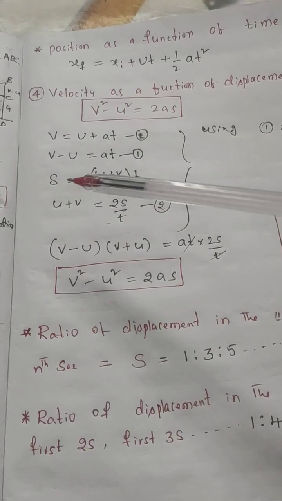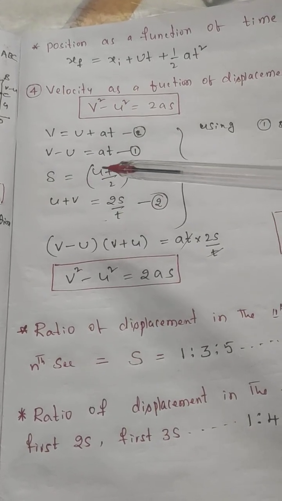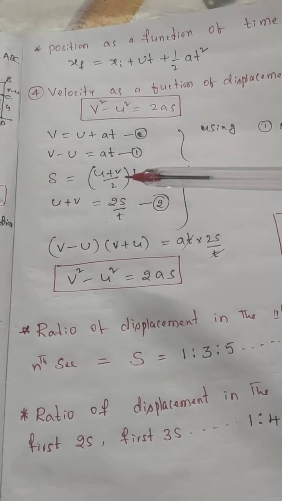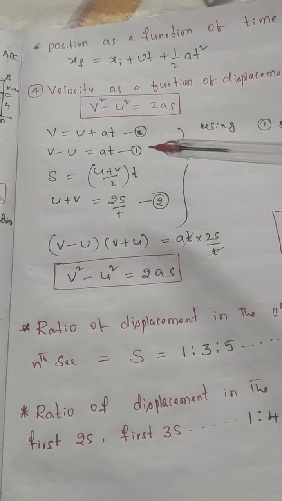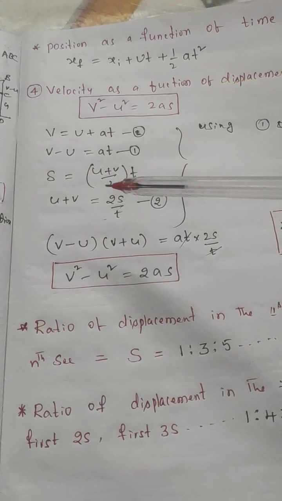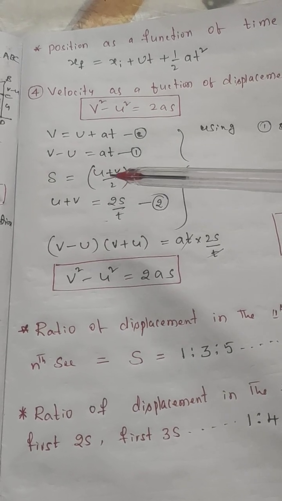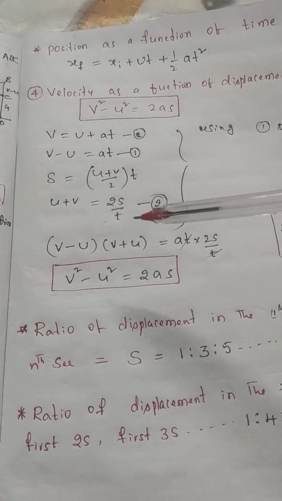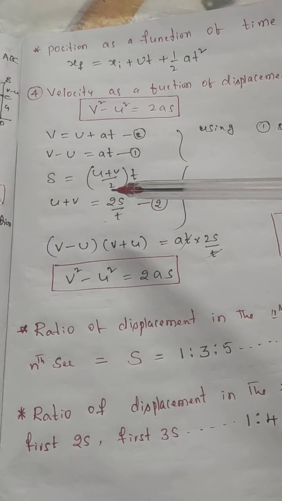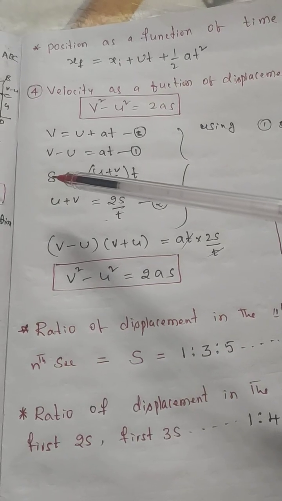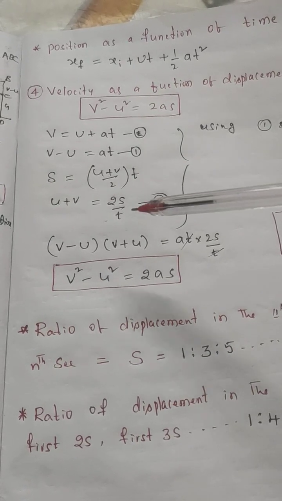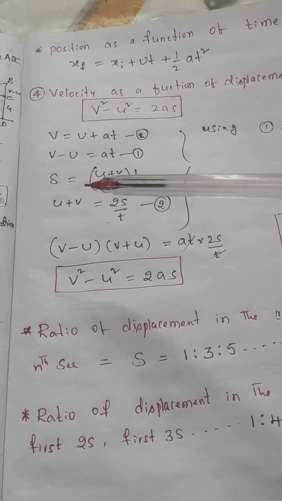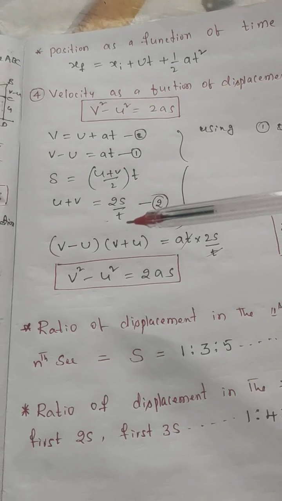Next, displacement is equal to average velocity (v plus u) by 2 into t. After cross-multiplying, v plus u is equal to 2s by t. That means the 2 goes as a multiply, and t comes as a divide: v plus u is equal to 2s by t.